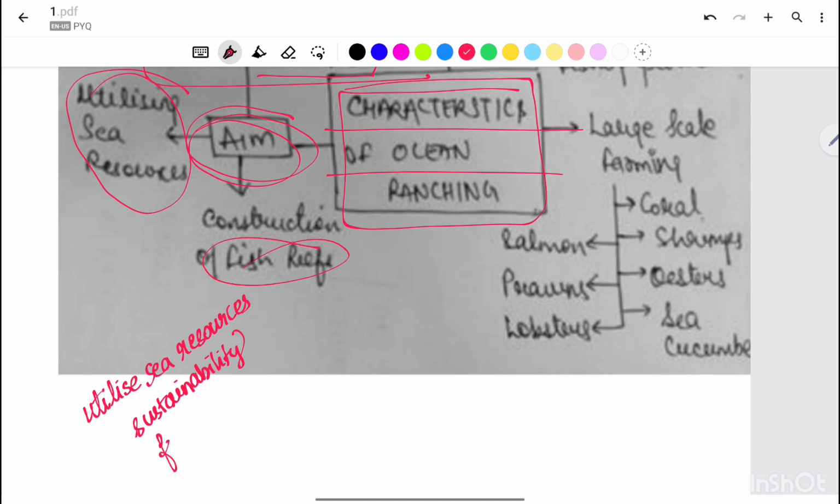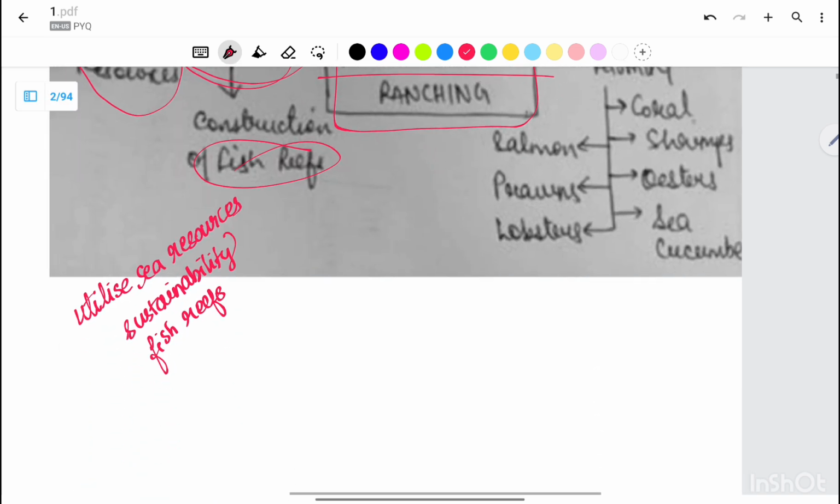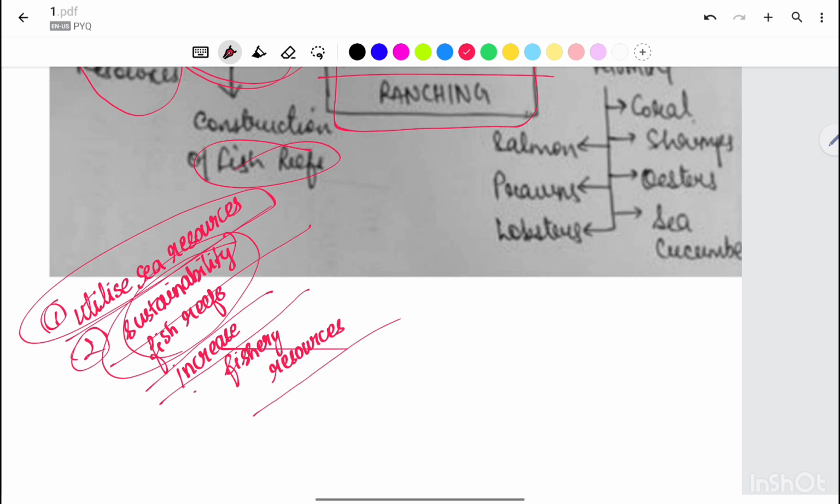Construction of fish reefs helps to increase and restore the fishery resources. The first one is to utilize all the sea resources which are present, the second is that sustainability is being achieved, and you are also increasing the fishery resources.